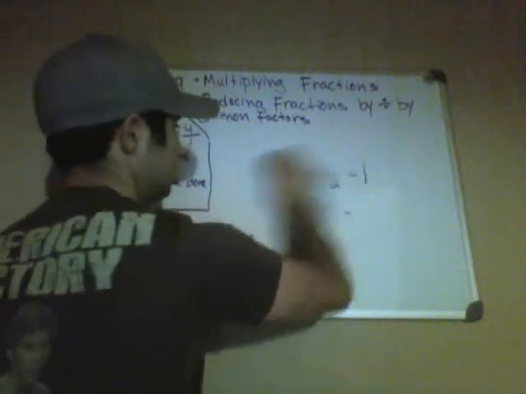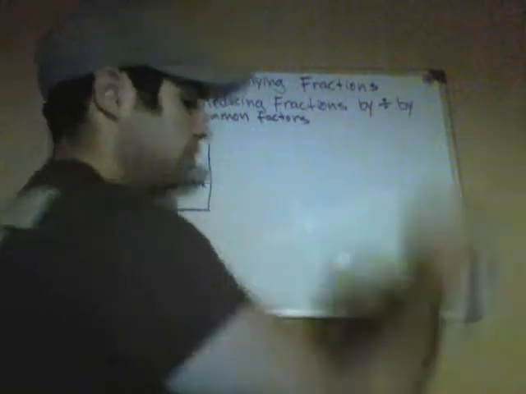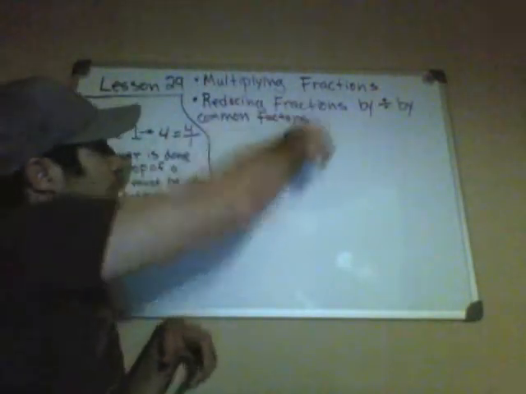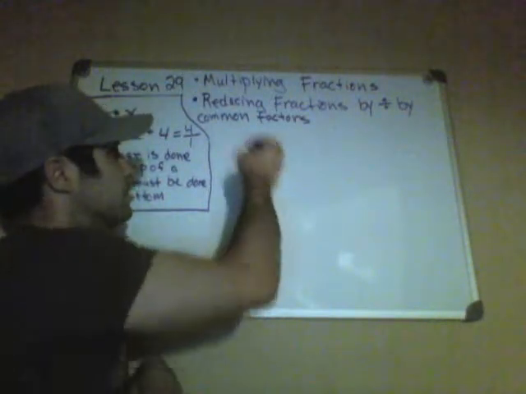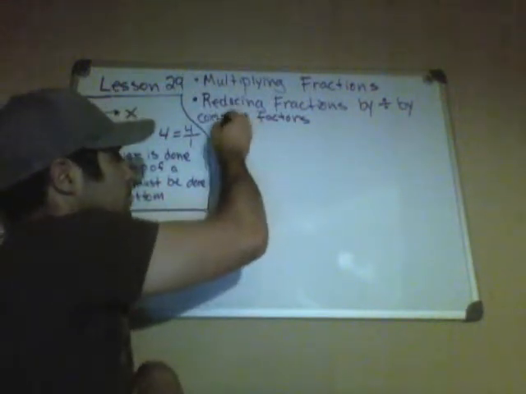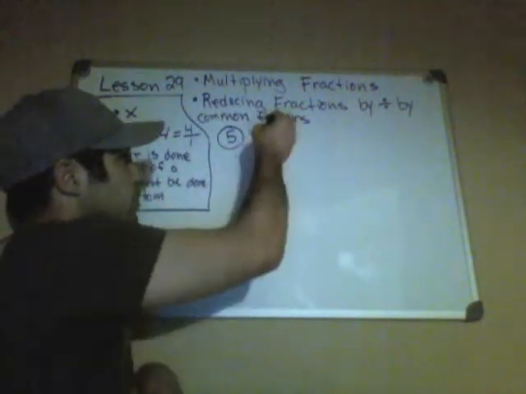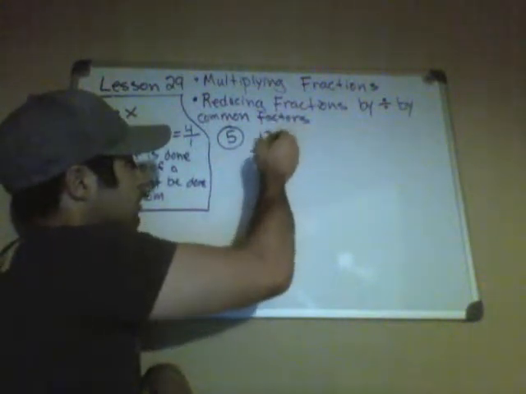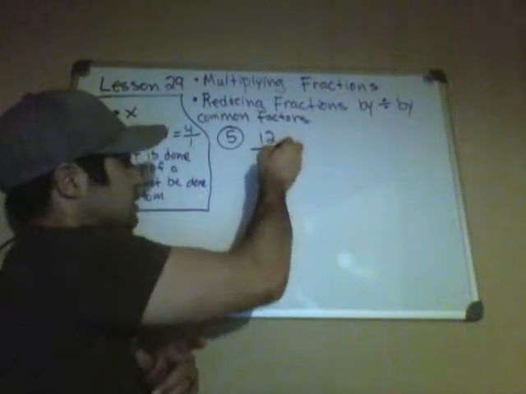Enough room there. Alright, let's talk about reducing fractions by dividing by common factors. So I think we're on example number 5 now. So if you want to reduce, let's say 12/16ths.